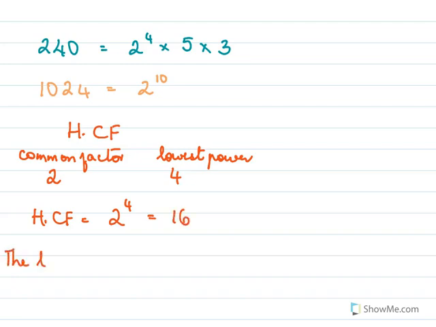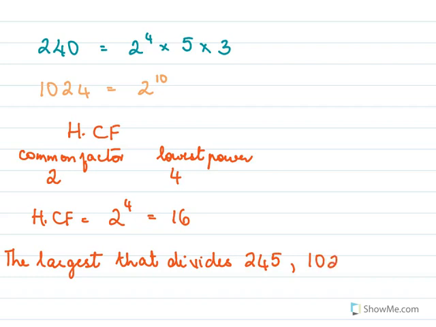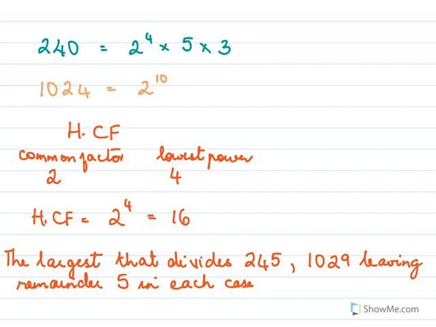So the largest number that divides 245 and 1029, leaving remainder 5 in each case, is 16.